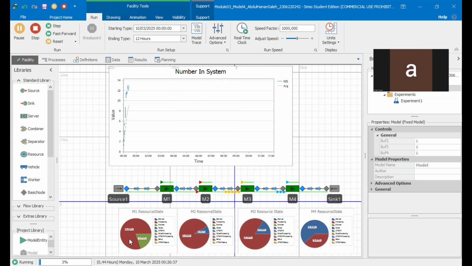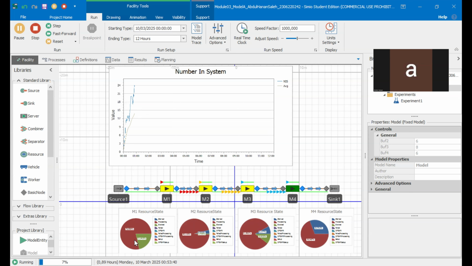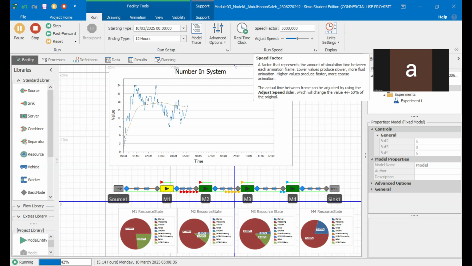As you can see here, the red is for when the process is running, the green is when the parts are blocked, and the blue is when the machine is starved. Here the process goes.